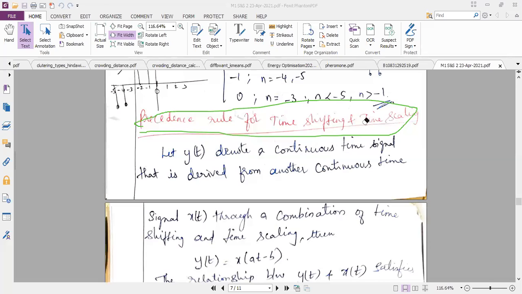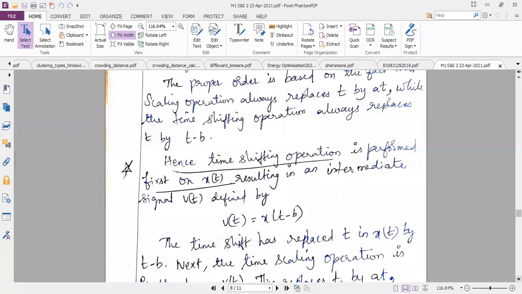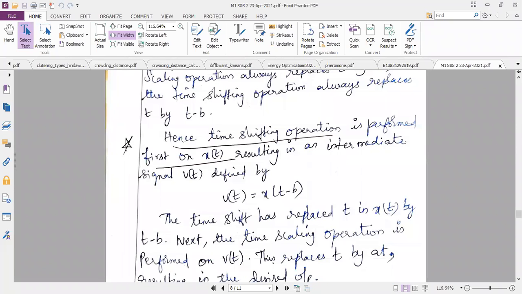They may ask you to write a short note in the exam about the precedence rule of time shifting and time scaling. What you should write, you can see on the screen: time shifting is always performed first, which should be followed by time scaling. Please write this down, everyone. This is a very important property.